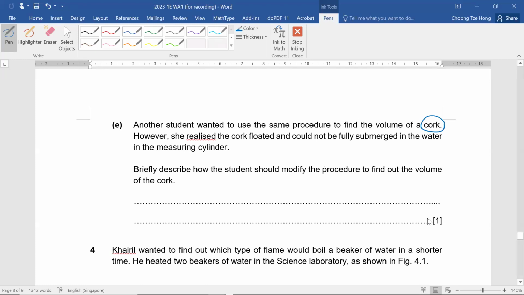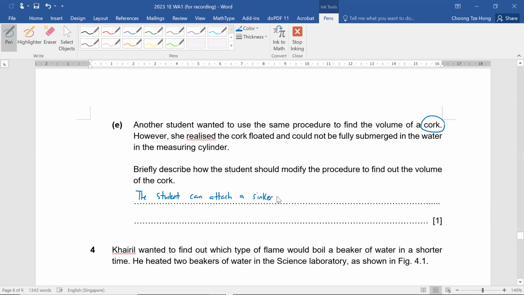Because this is just a 1 mark question, you do not need to go into too much detail with your answer. The main idea is to attach a sinker so that the cork can be fully submerged in water. So what you can write is, the student can attach a sinker.